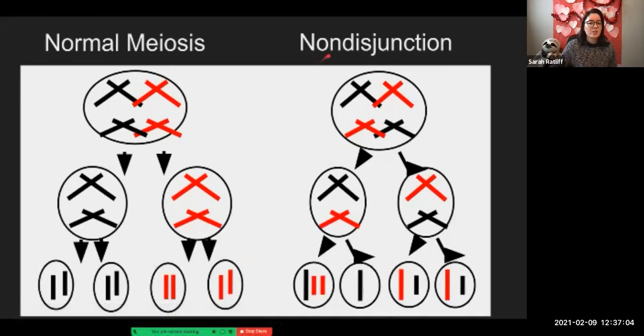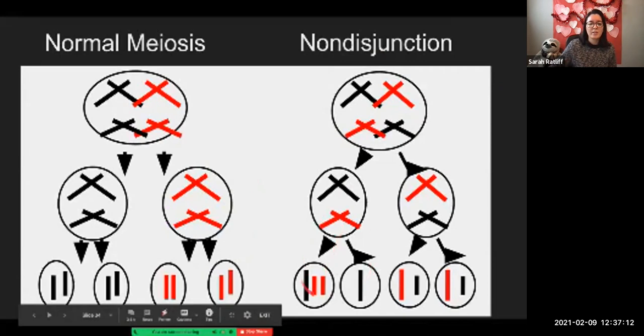But if non-disjunction happens, so this unequal separation of our chromosomes, we end up with things like this one, where we have 3 here and 1 here, when we should have 2 in each.